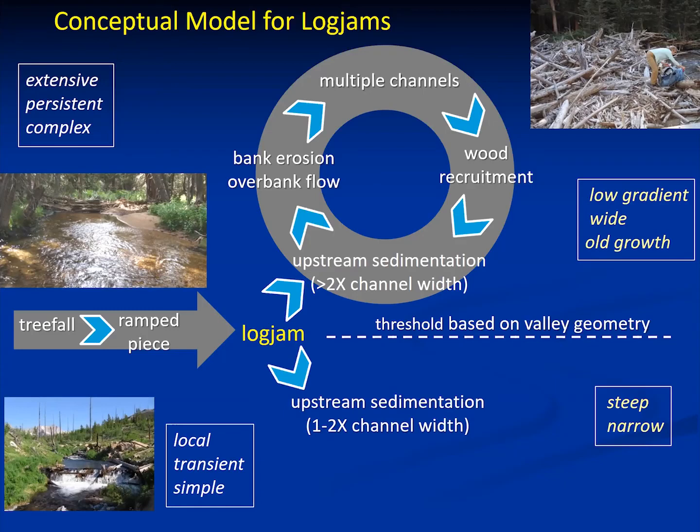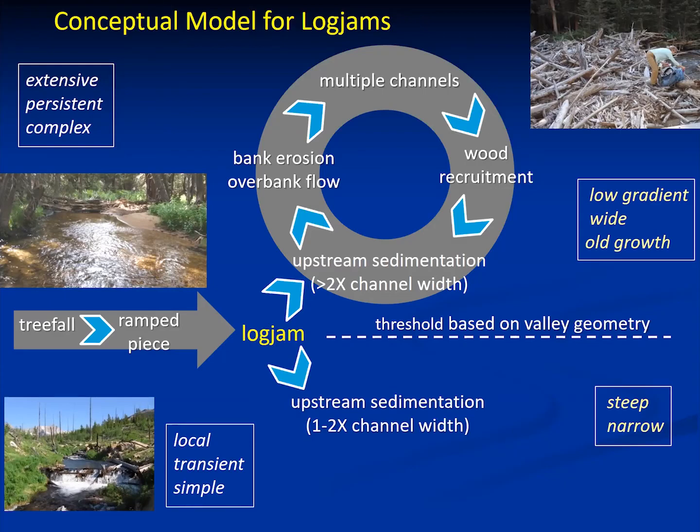And the whole scenario is fairly persistent because when there is a large flood, the hydraulic force exerted on each jam is much less because you have overbank flow and you have flow splitting into multiple channels. So this can be a very persistent channel planform as long as there is sufficient riparian forest to continue to supply wood to the channel when, say, one log jam does blow out.